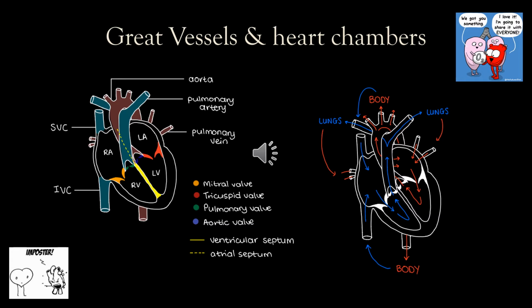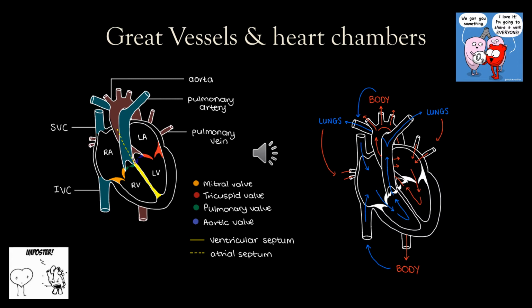The left side of the body usually carries oxygenated blood. The left atrium usually receives blood from the pulmonary veins, and then when the mitral valves open, it empties that blood into the left ventricle, which then empties the blood into the aorta when the semilunar valves open. The aorta and its branches then distribute the blood to the rest of the body.